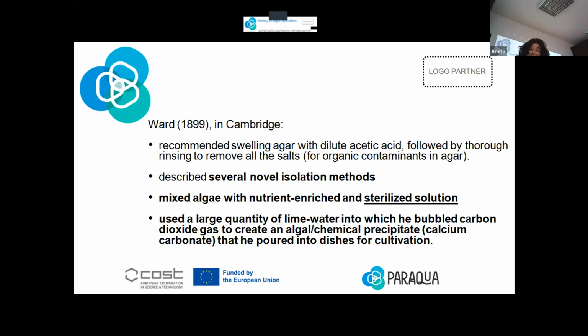Then in the same century, as they couldn't find a bacteria-free culture, they started with sterilization. So they mixed algae with a nutrient enriched and sterilized solution.